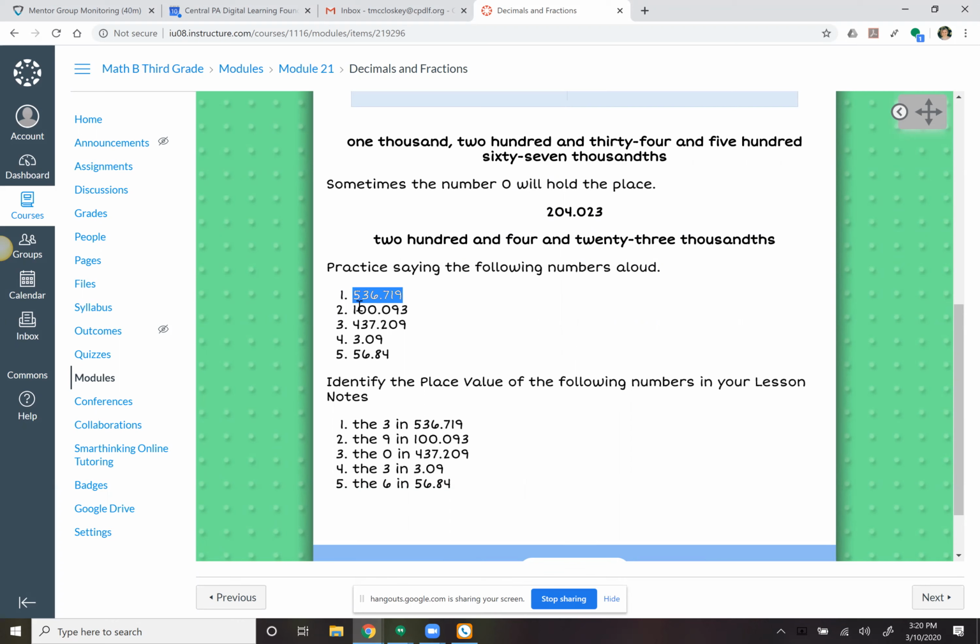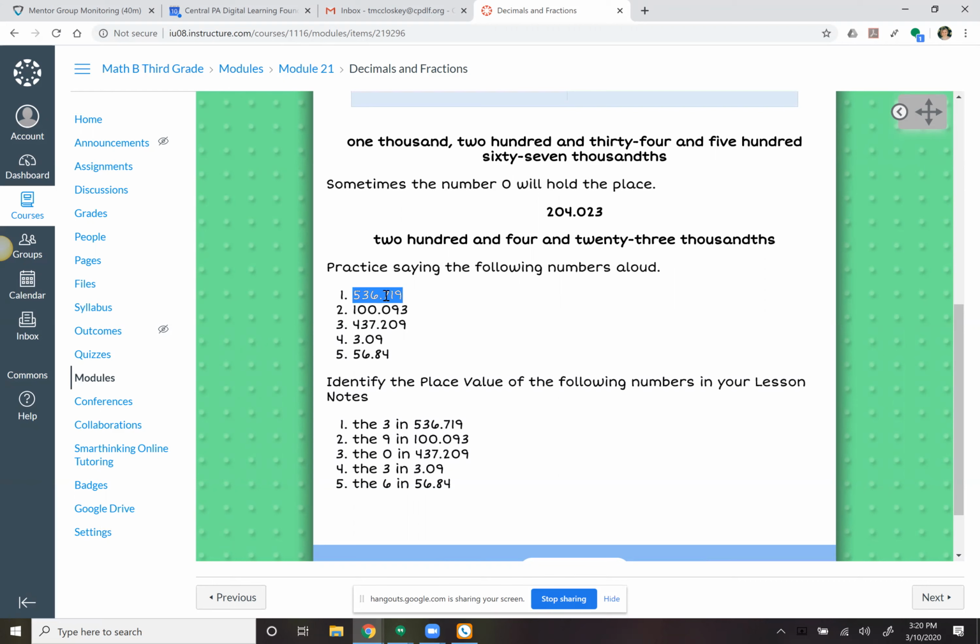5,000. Oh, look at where's that? Where's the 5? Oh, 536 and 71, 791,000. No, 10. You're close.